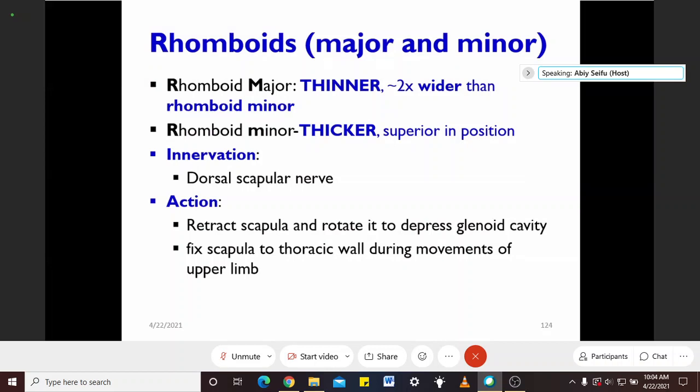The rhomboid major is thinner and wider, whereas the rhomboid minor is thicker. Both retract the scapula and fix it to the thoracic wall.